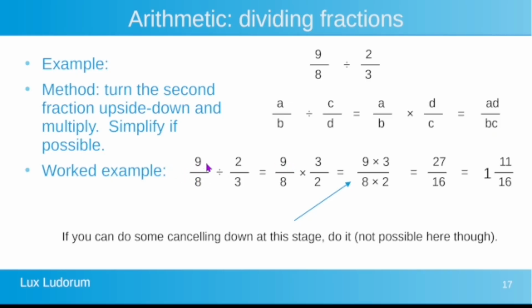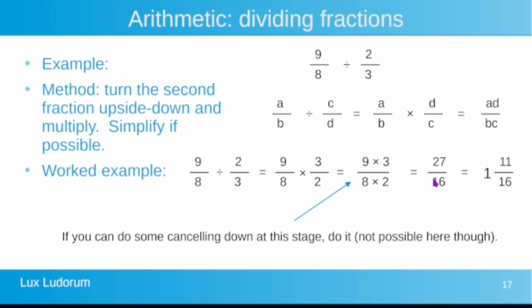So the worked example, 9 over 8 divided by 2 over 3 is equal to 9 over 8 multiplied by, and here it is upside down, instead of 2 over 3, I've written 3 over 2. And that's 9 times 3 over 8 times 2, which is 27 on the top, divided by 16 on the bottom.